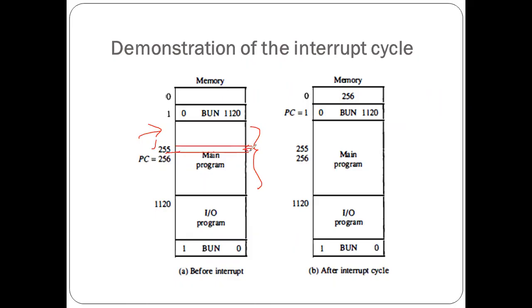While executing this instruction, an interrupt has been generated. Either an input device or output device needs the service of the CPU. That will be indicated by setting the flag bits. As and when the flag bits, either FGI or FGO, are set, then it will set R to 1.